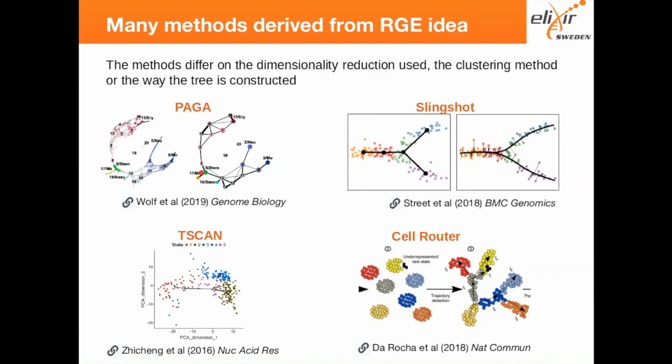They're using another graph embedding technique, and then you just assign your trajectory and clusters as well. Slingshot will do a similar strategy, clustering, I think, on TSNE. TSCAN will cluster on PCA. Router will also cluster on TSNE or UMAP. So there are different flavors of similar algorithms out there. So pick one and go for it.